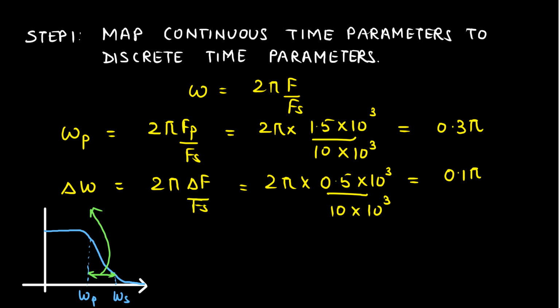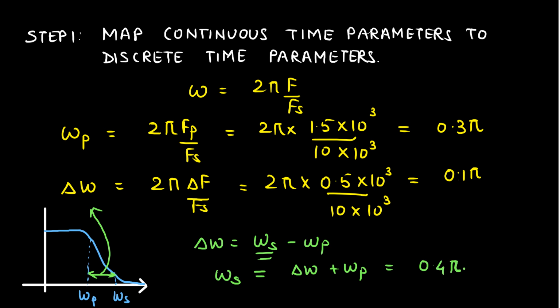So delta omega can be represented as omega s minus omega p, where omega s is the stop band edge, and therefore it can be calculated as omega s equal to delta omega plus omega p, which is 0.3 plus 0.1, that is equal to 0.4 pi. So now we have the transition width, the passband edge and the stop band edge in the omega domain.